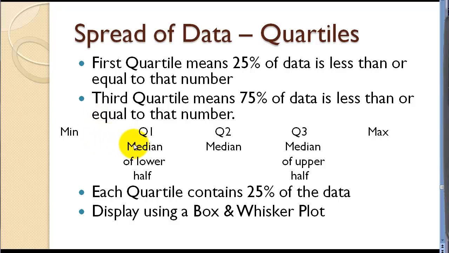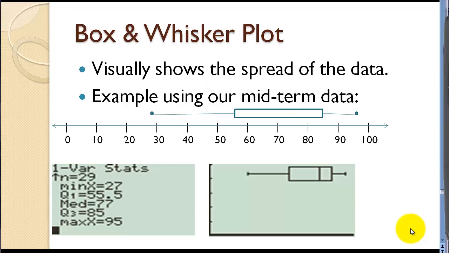Now we can make what's called a box and whisker plot using that data to give a graphical representation of the spread of our data. Box and whisker plot looks like this. The box goes from Q2 to Q3, and this line in the middle is our median.